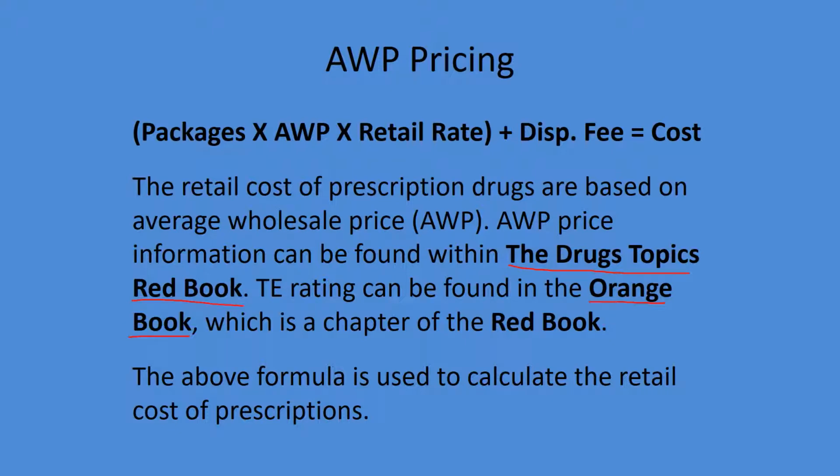These are published prices, used to figure out the actual retail cost, and this is usually for brand name drugs. So take the number of packages, multiply by the average wholesale price per package, multiply by the retail rate. This will include a markup. Add in the dispensing fee, and that will be your final cost of the prescription.